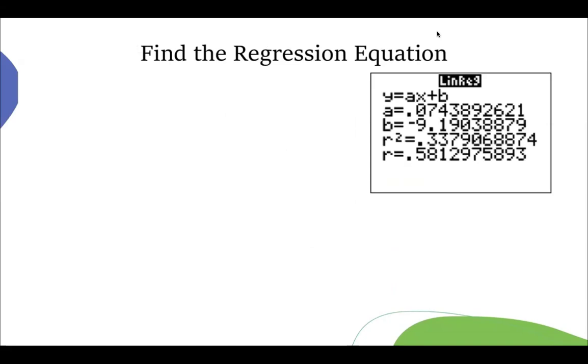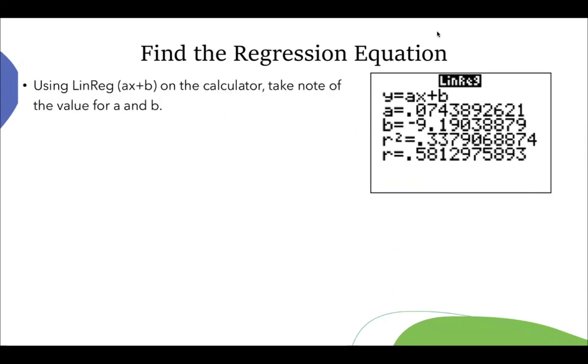So the way we do this, let's go back to the output of LinReg. We do this by creating the equation of a line, and the equation of the line that we're going to produce is in the form y equals ax plus b. Now LinReg gives us the value of a and the value of b.